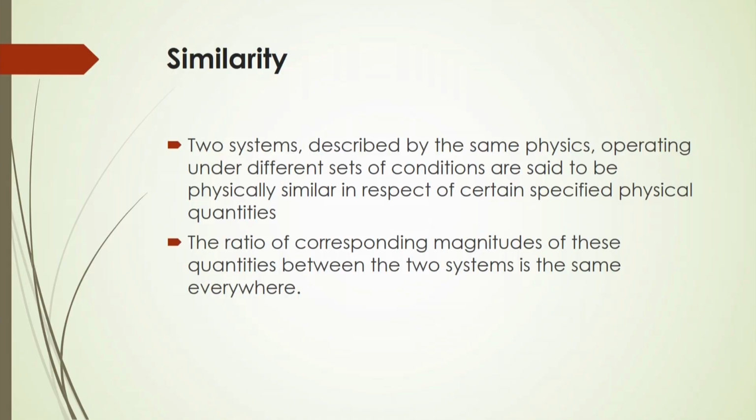Similarity is the tool that describes two systems with the same physics operating under different sets of conditions that are said to be physically similar with respect to certain specified physical quantities, and the ratio of the corresponding magnitudes of these quantities between the two systems will be the same everywhere based on the similarity law.